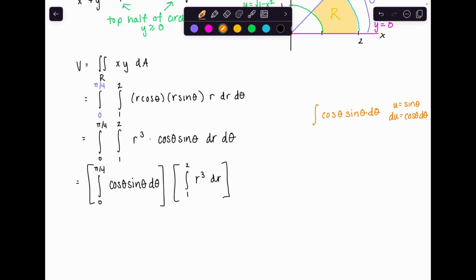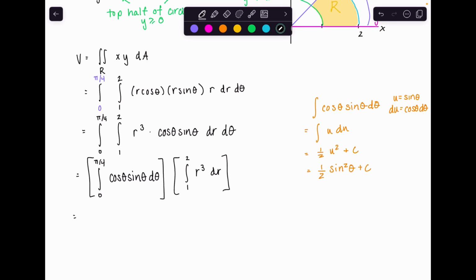If I did u equals cosine, then du would be negative, and now I don't have to worry about that. So this is really just integrating u du, which is 1/2 u squared plus c, which is 1/2 sine squared of theta plus c. I don't need to worry about the plus c though because I've got bounds.